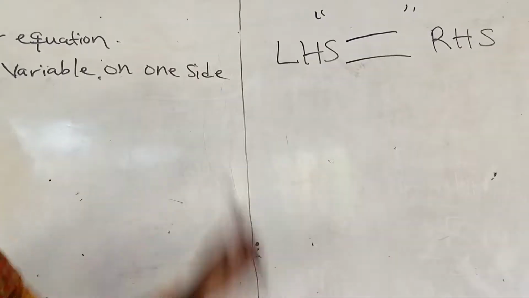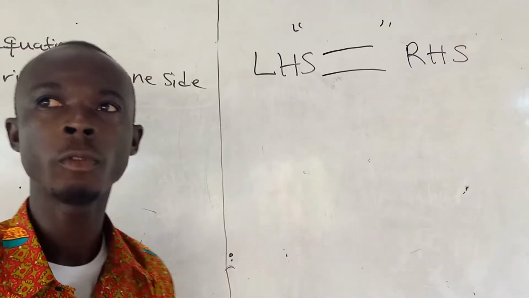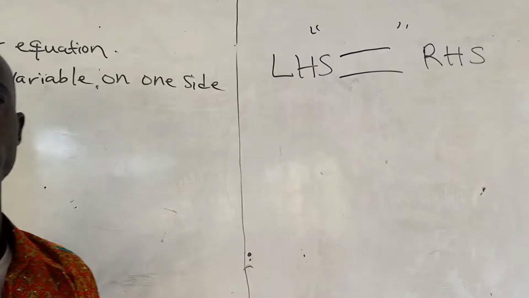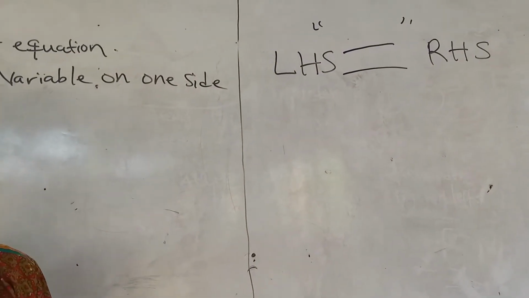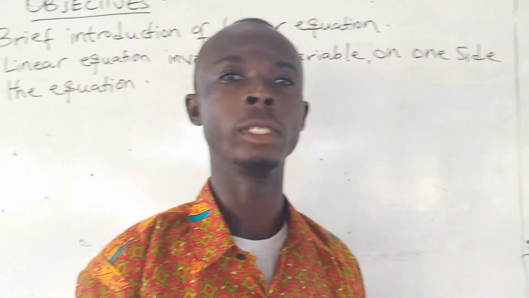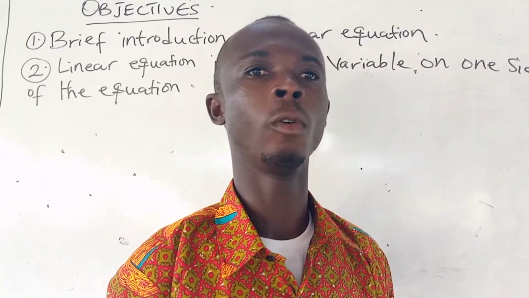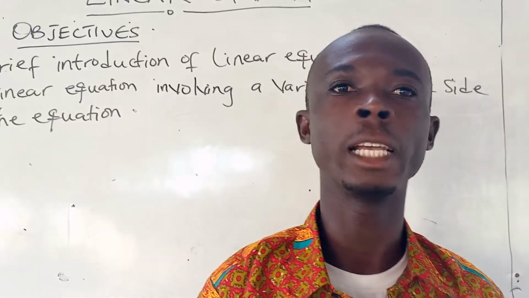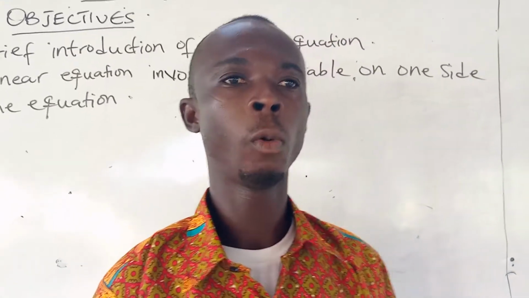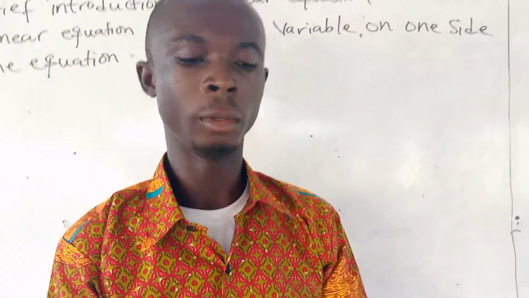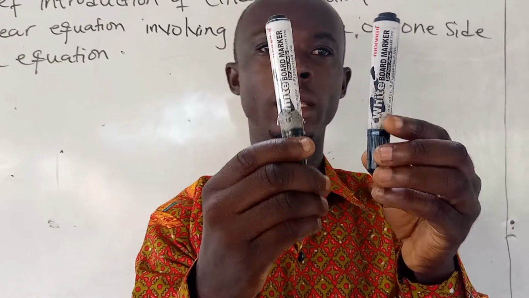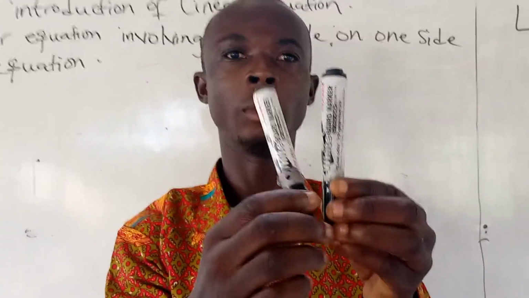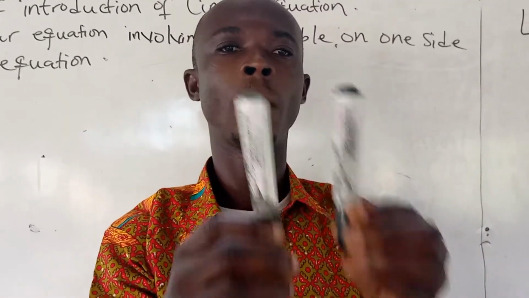And always for linear equation, we solve for variables in the question. And always note that we group like terms and unlike terms. When I talk of like terms, you see this marker. This marker is a like term because they are black markers.